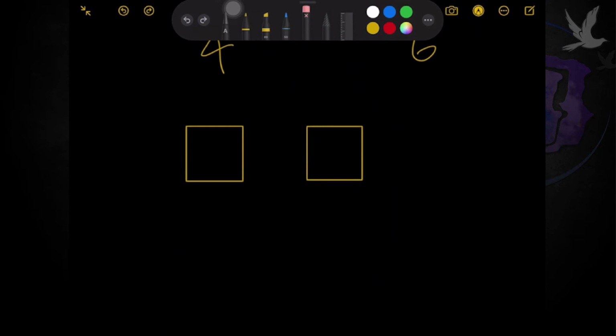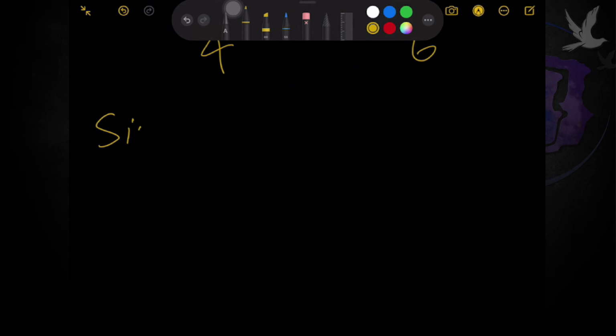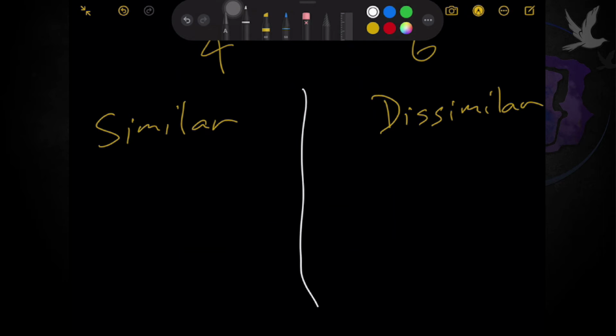Now, there are certain types of fractions that you should be familiar with, which is the similar and dissimilar fraction. So, ihati lang natin to. This is similar and the other one is dissimilar. Okay? Separate by a line lang tayo. Similar fractions are when our denominators are the same.